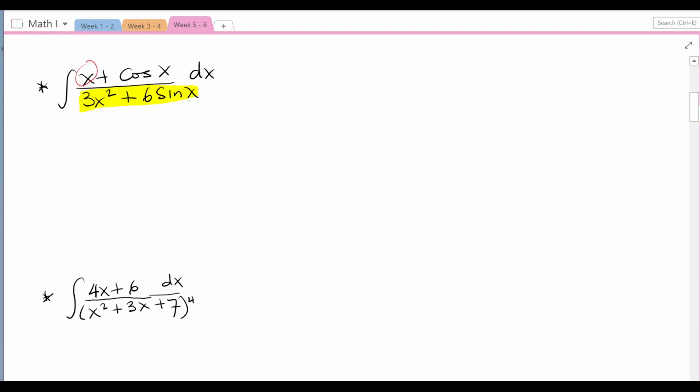Same thing with sin x. If we differentiate sin x with respect to x, we get cos x.